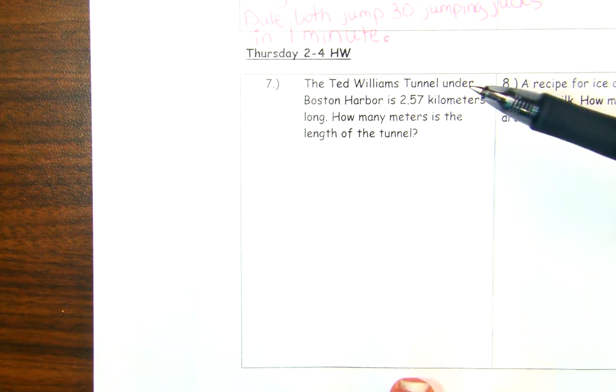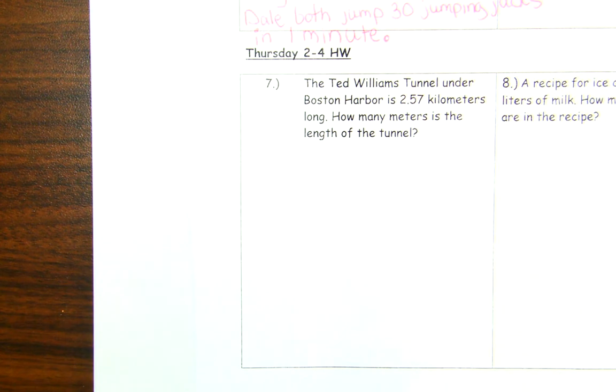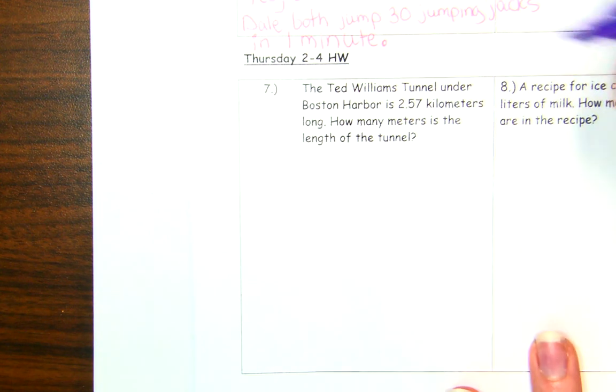All right, it says the Ted Williams Tunnel under Boston Harbor is 2 and 5,700 kilometers long. How many meters is the length of the tunnel? Part of math word problems is making sure that we read carefully.